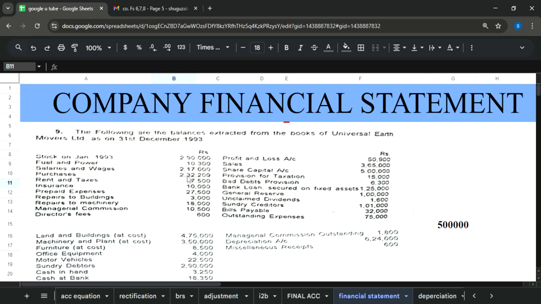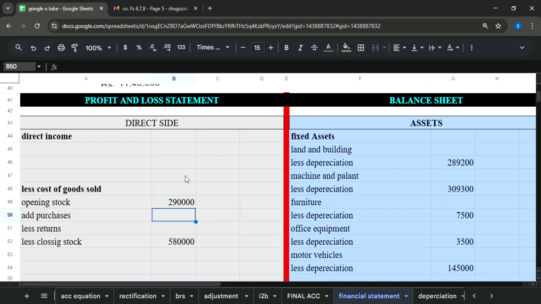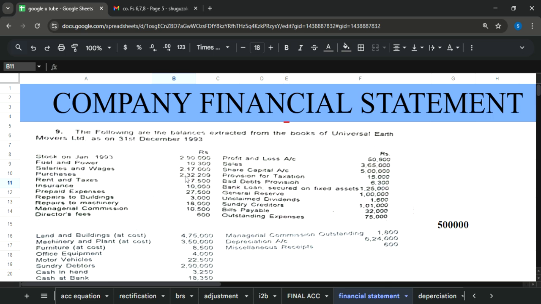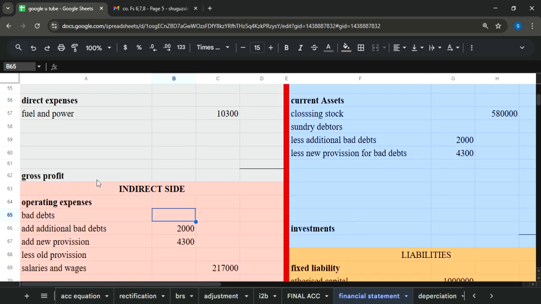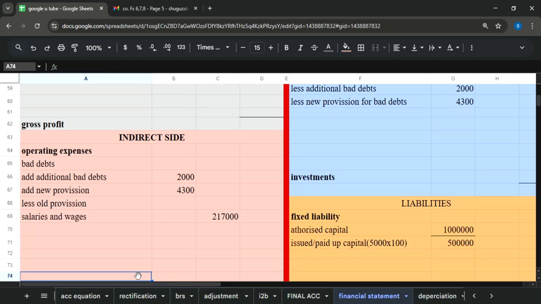Amount of purchase is 232,200. Alright, so we have written amount in direct side. Then we have rent and taxes, part of operating side. So we'll come over here and we'll mention rent and taxes.